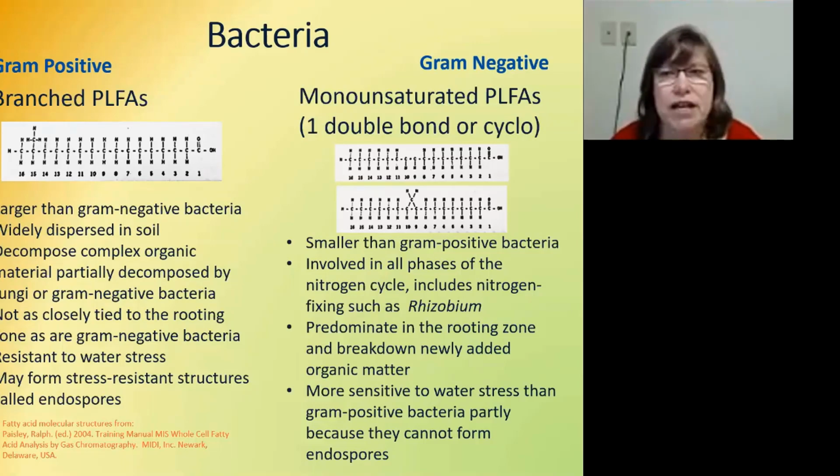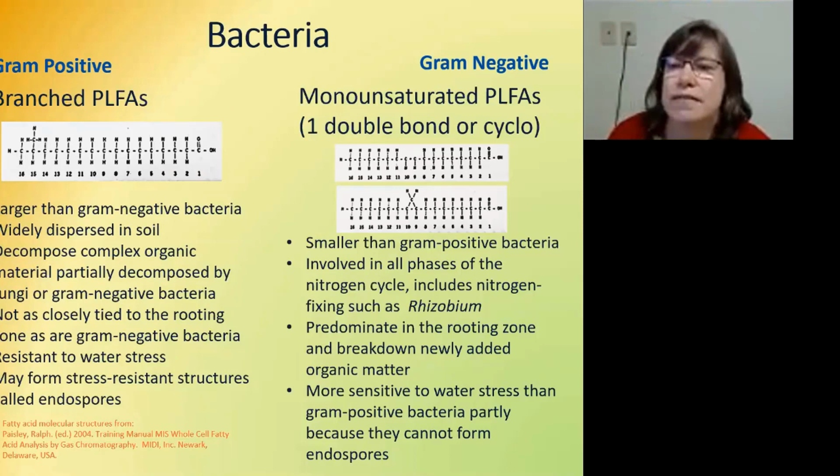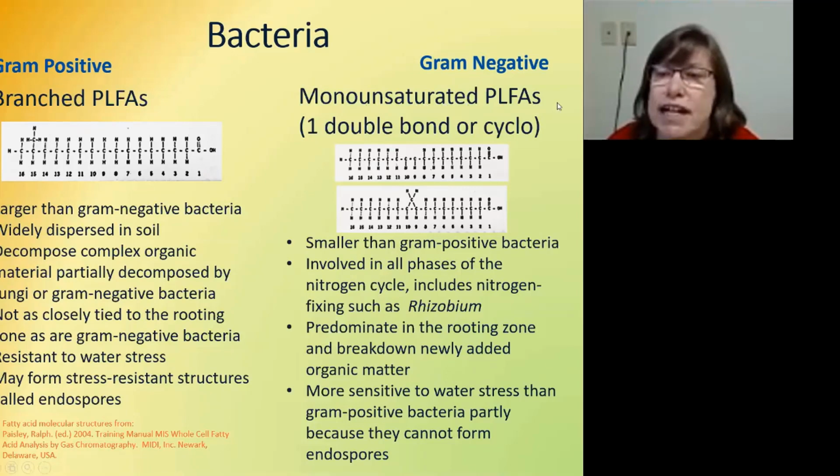So gram-negatives tend to have phospholipid fatty acids that have one double bond, or monounsaturated fatty acids. Or instead of having a double bond, they may have a 3-carbon cycle in the middle of it.